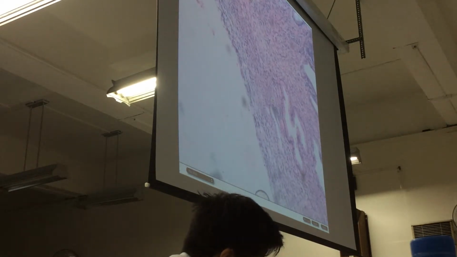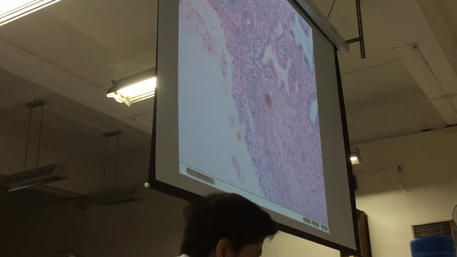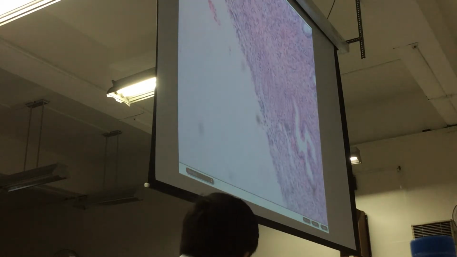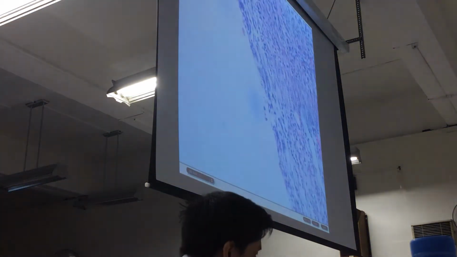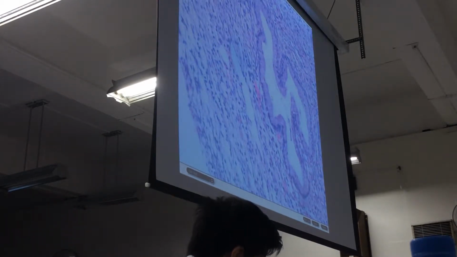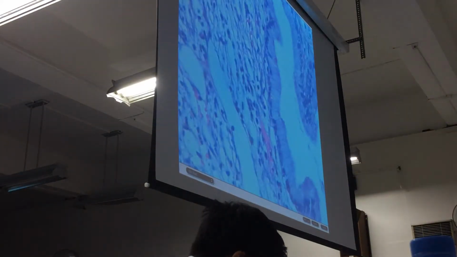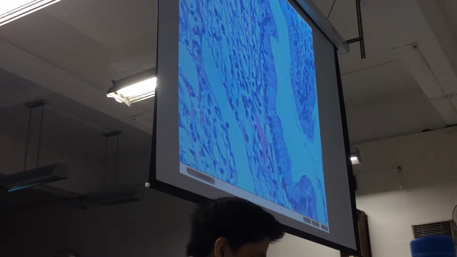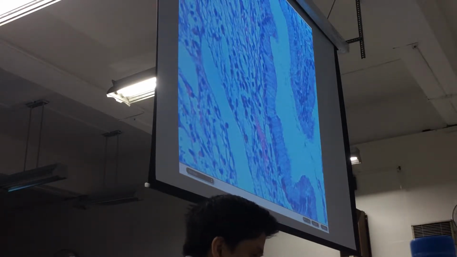The endocervix is the one with endocervical crypts. It is commonly called endocervical glands. So when you see endocervical glands or crypts, you are already in the endocervix and you are not in the ectocervix.